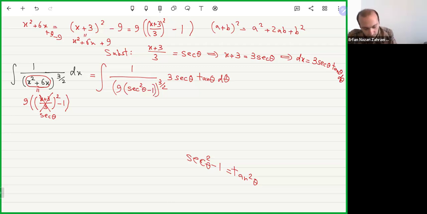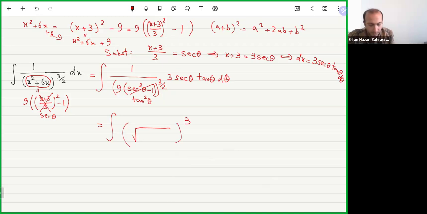Now use this identity. The whole point of using this substitution is this identity. Secant squared minus 1 is tangent squared. So this is tangent squared. So I get, first considering 3 over 2 as a root and then exponent 3, that's the same.